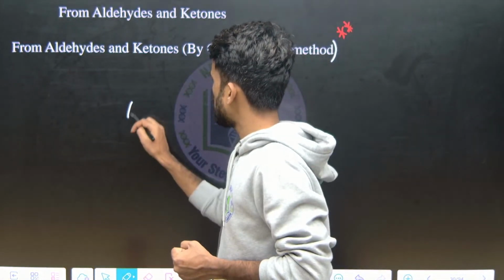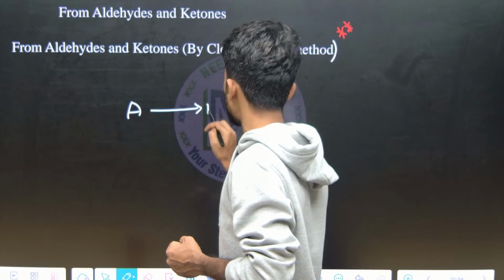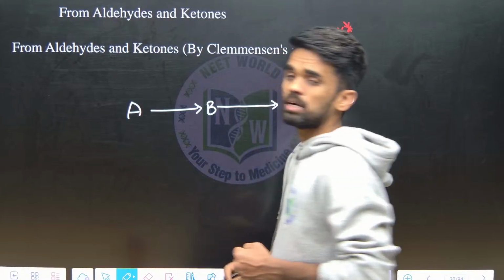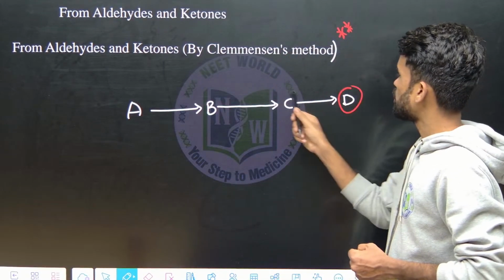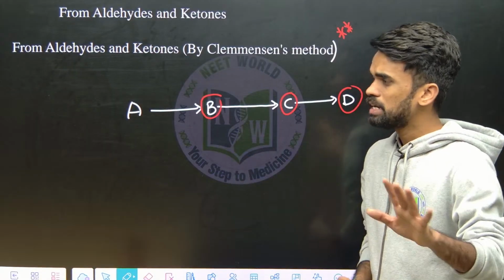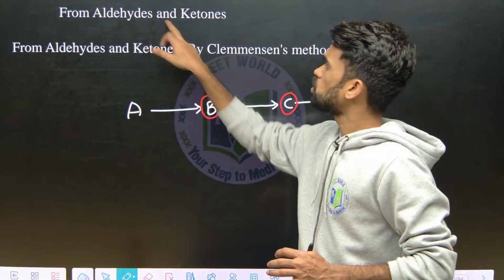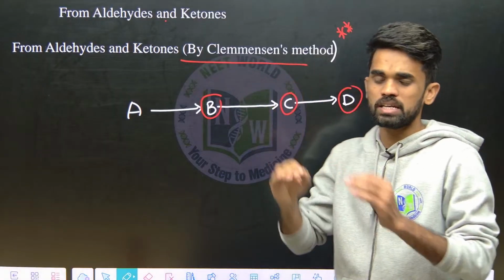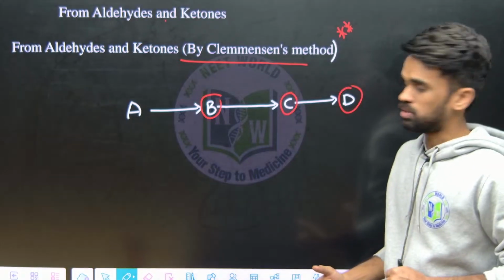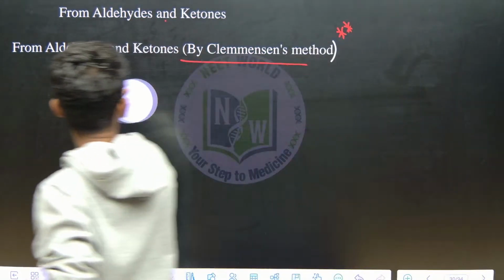Mostly they will give A gives rise to B, B gives rise to C, C gives D, and ask what D is, or what the intermediate A or B is. They will include this kind of Clemmensen reduction in between the transformation. So now I will tell you this reaction.